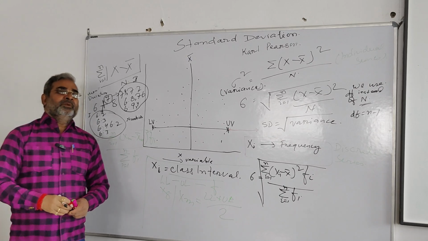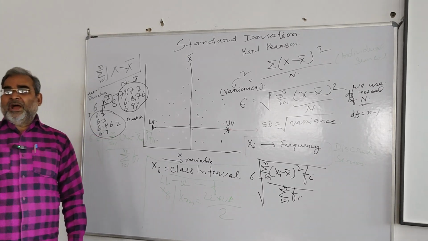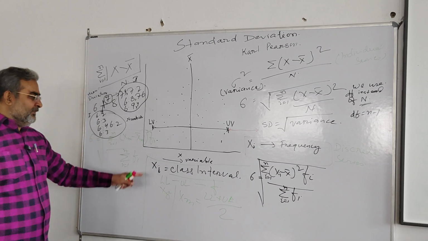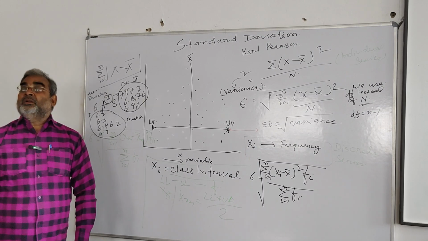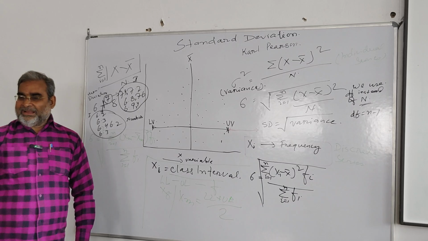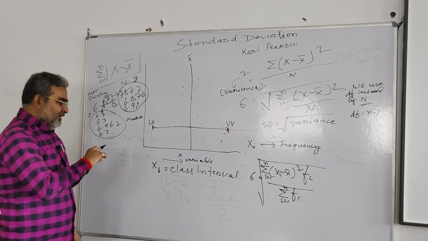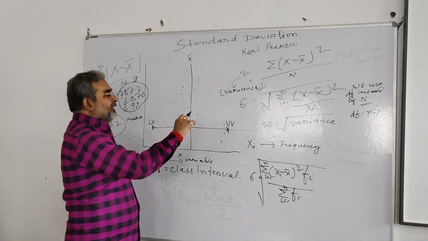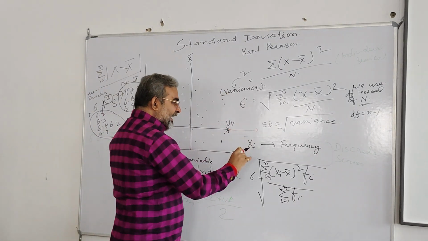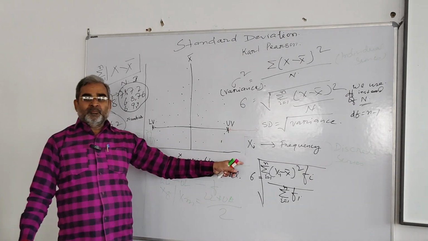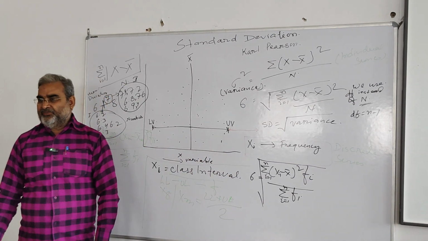Why so? We commonly avoid the calculation of the standard deviation by the method of continuous series, and we commonly use the individual series, and if the number is more we use the discrete series.